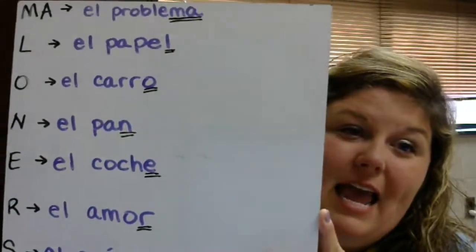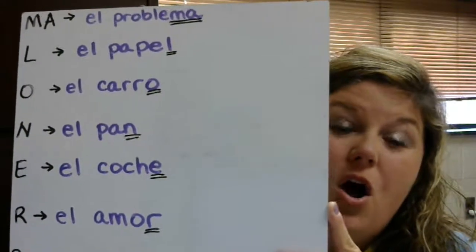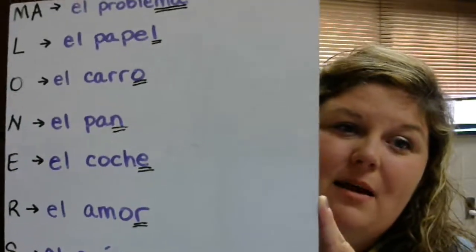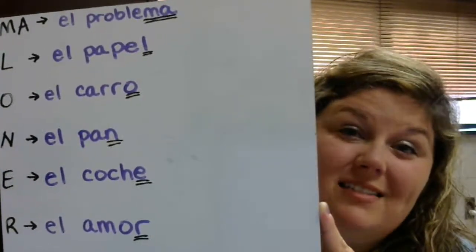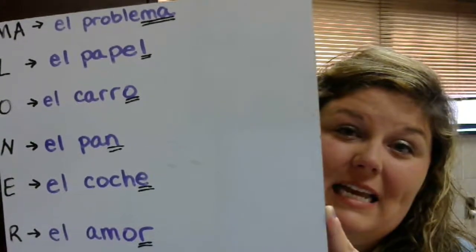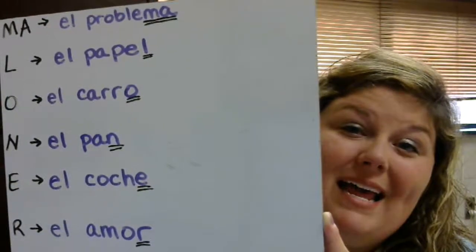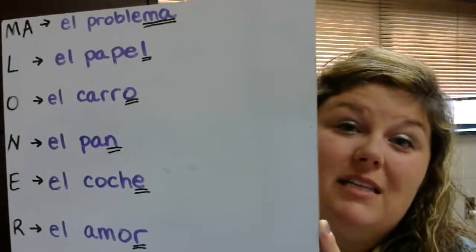All right, so if you want to know if a word is masculine, I typically tell students that masculine words are maloners. Maloners are words that end in M-A, L-O-N-E-R, and S. If a word ends, in its singular form, in M-A, like el problema, it's going to be a masculine word.